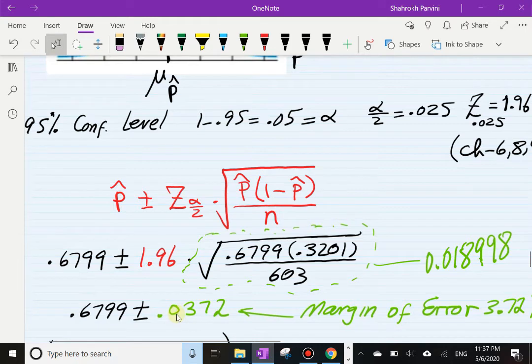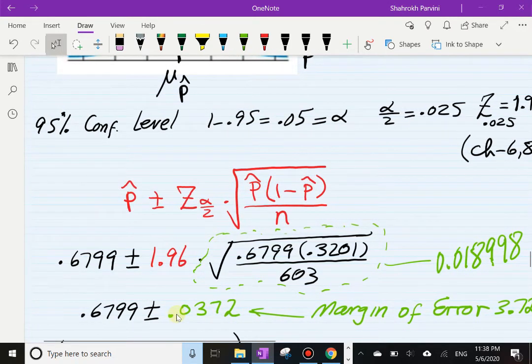So what does that margin of error tell me? We estimate approximately 68% of all adults in that income category purchase those things online. That estimate of 68% is off by no more than about 4% in either direction. So that's what the margin of error tells us.